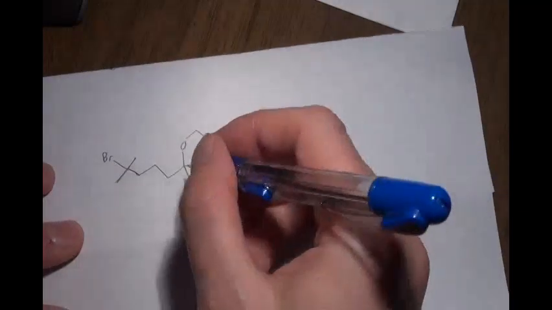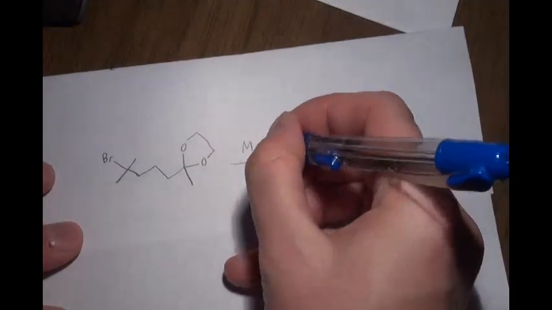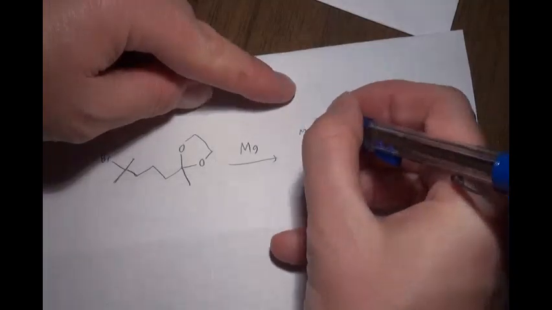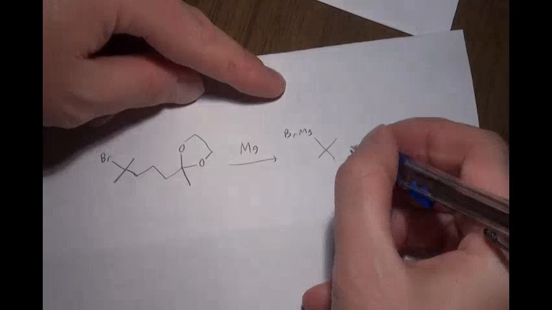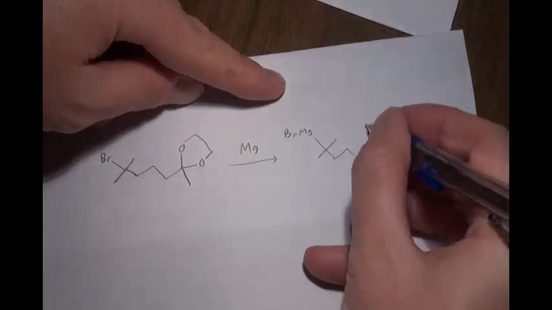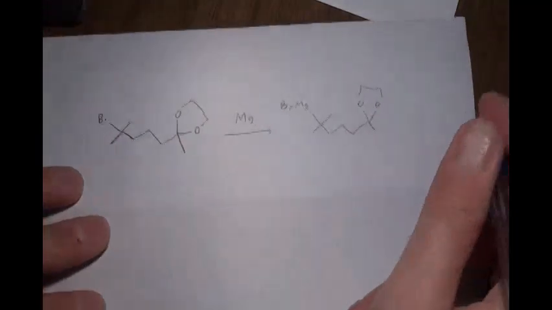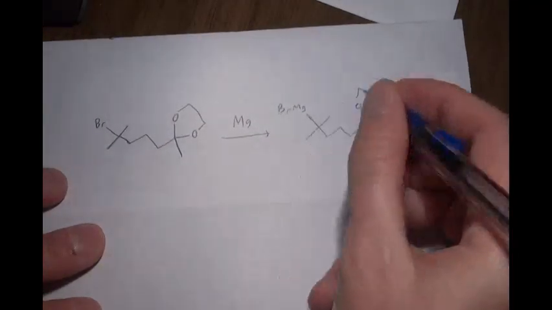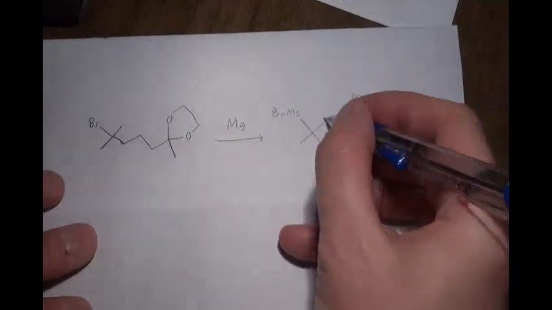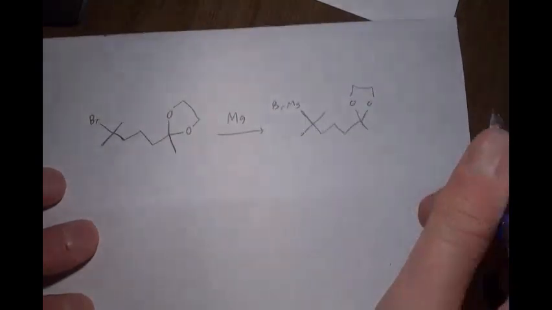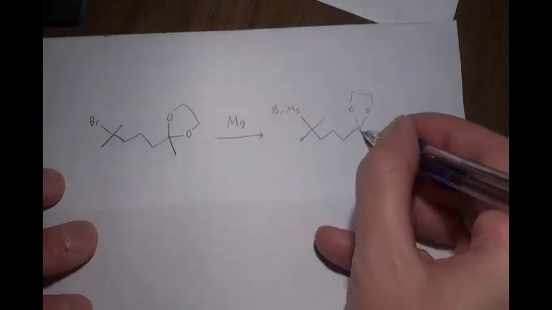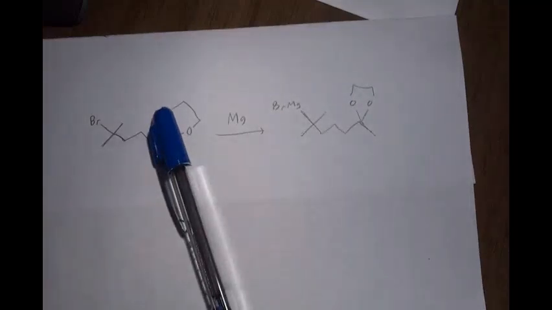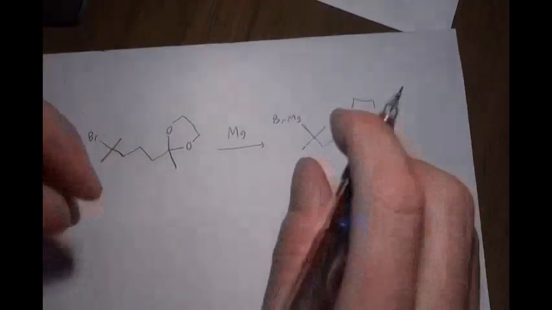And you might imagine that if we turn this guy into a Grignard, it might be too hindered to attack stuff. Well, Grignards are not usually problematic like that. Grignards are sort of forgiving with their steric hindrance and stuff.